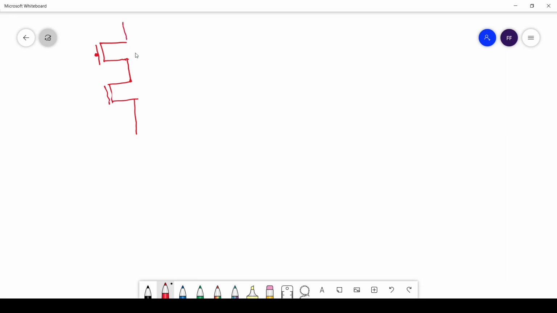This is the PMOS circuit. This is the source region, and the source is directly connected to VDD, and this is the gate region.